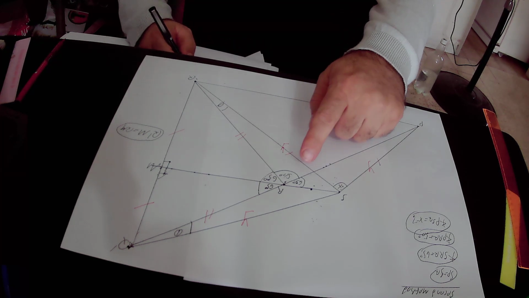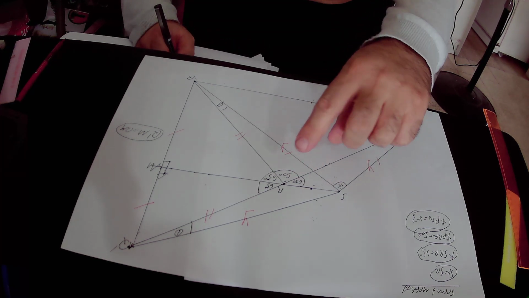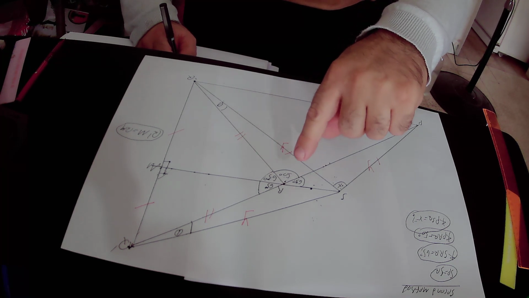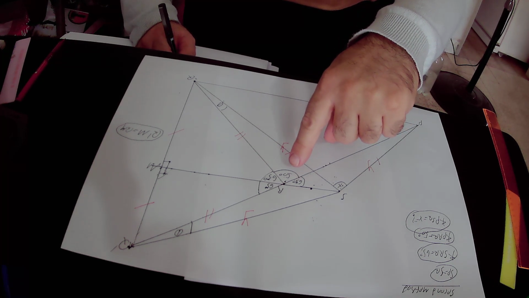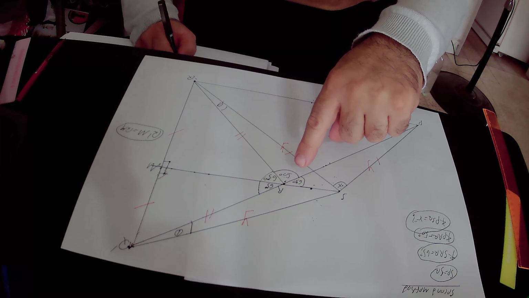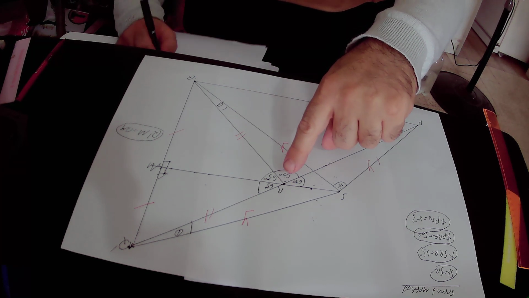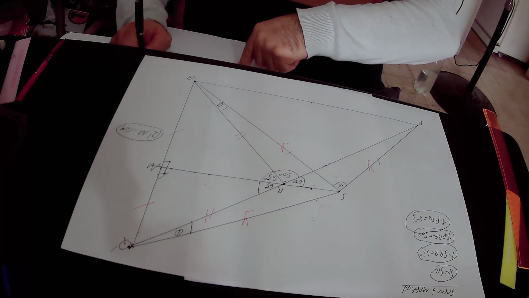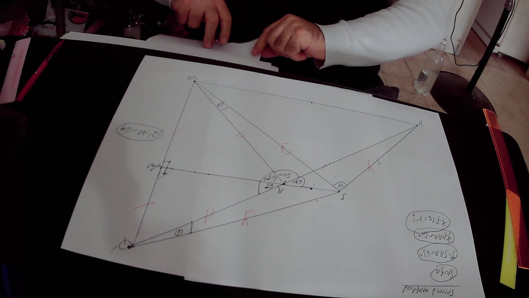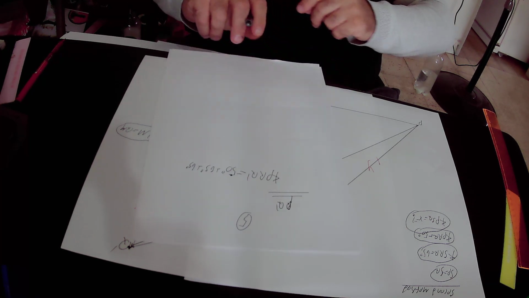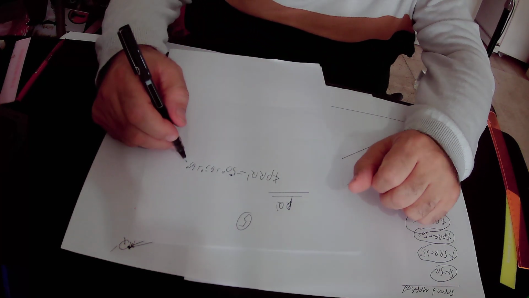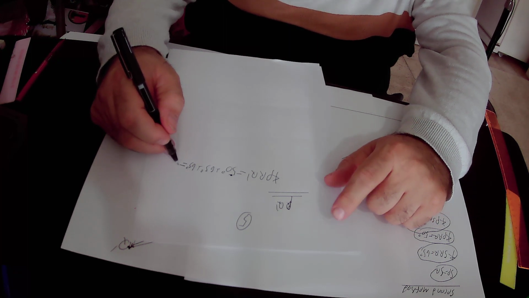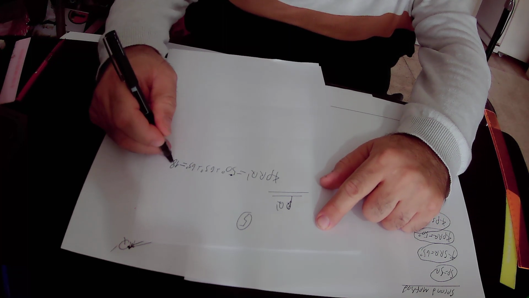It equals 50 degrees plus 65 degrees plus 65 degrees. Okay, so 65 degrees plus 65 degrees is 130 degrees, and 130 degrees plus 50 degrees is 180 degrees.